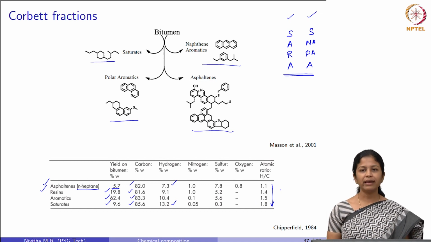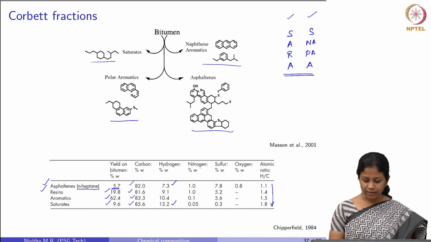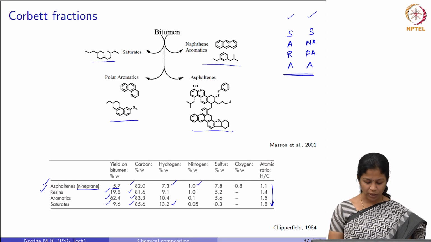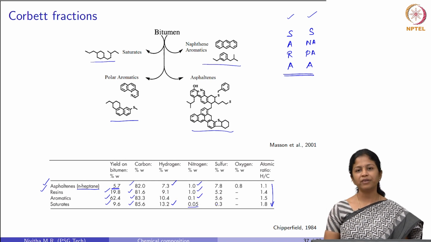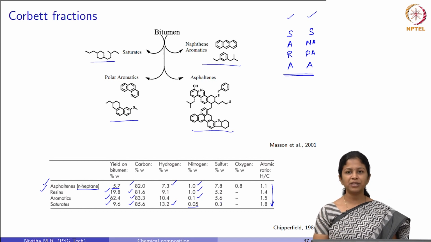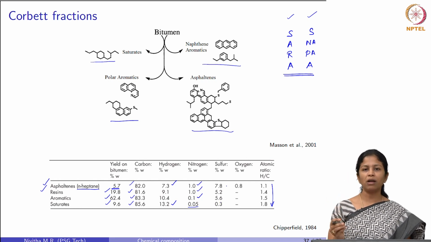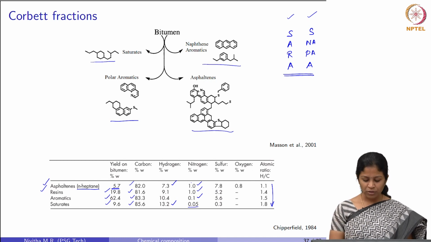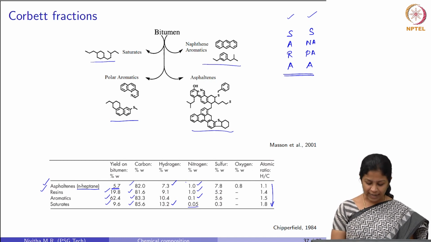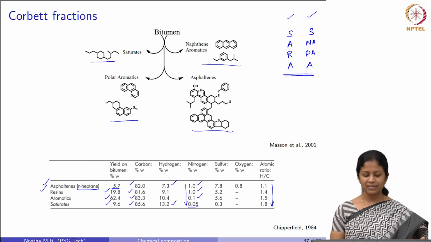Now, let us look at the heteroatoms. We see that nitrogen is about 1% in the case of asphaltenes and resins, 0.1% in the case of aromatics and 0.05% in the case of saturates. So, we said these saturates fraction may have very small amounts of traces or may not have any of these heteroatoms at all. So, like we said, the heteroatom nitrogen content keeps decreasing as we move from asphaltenes to saturates.